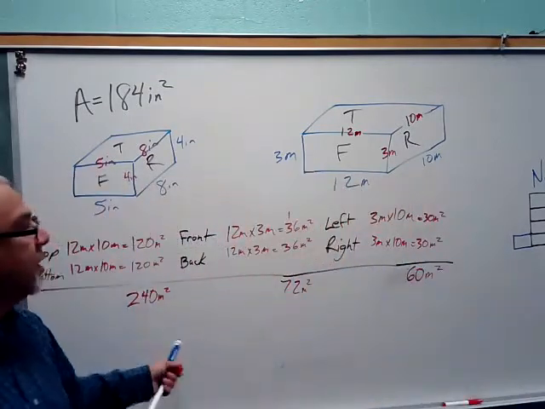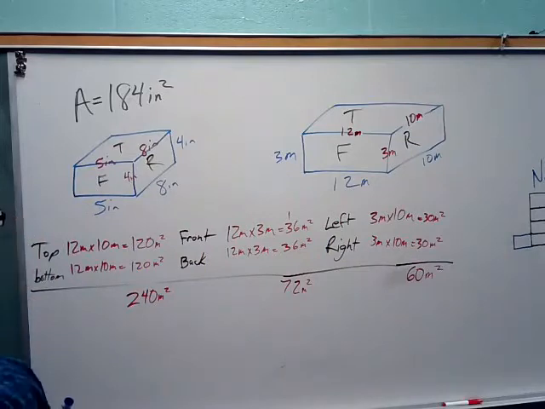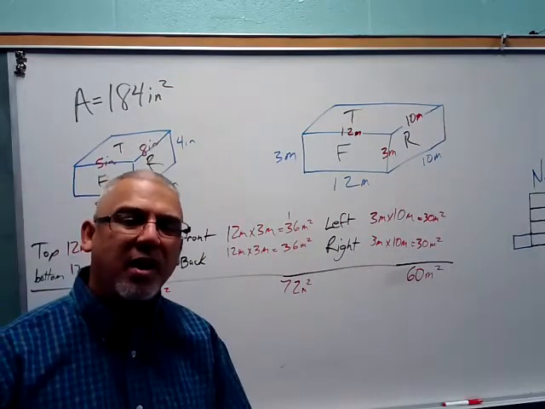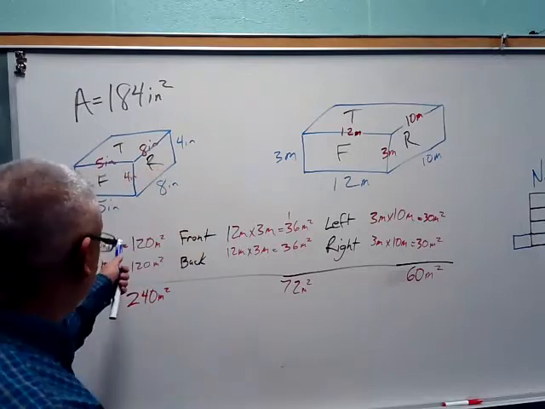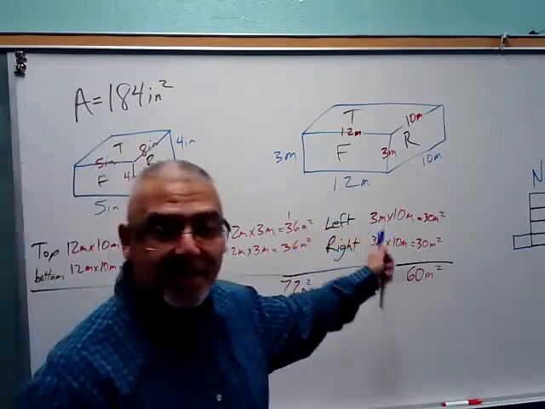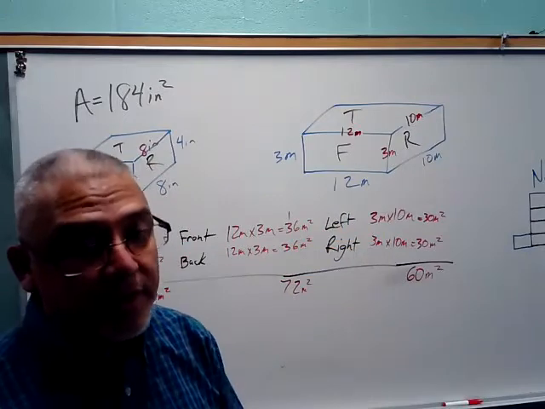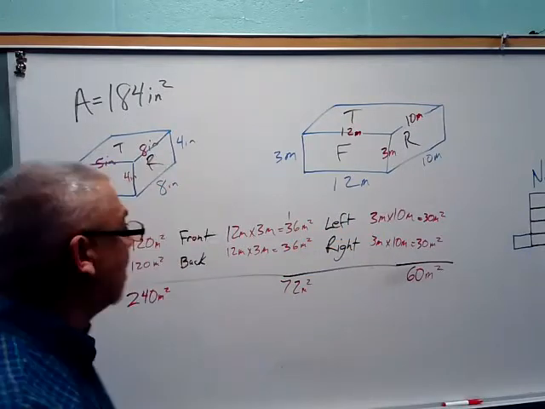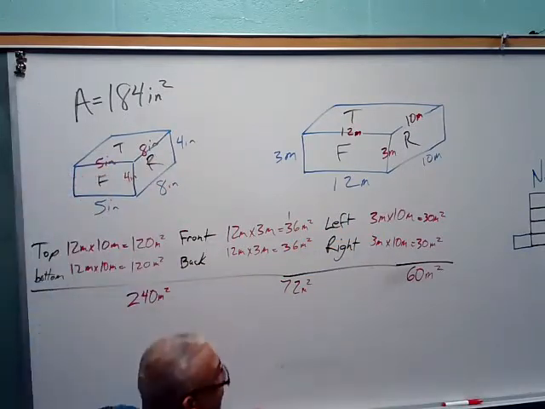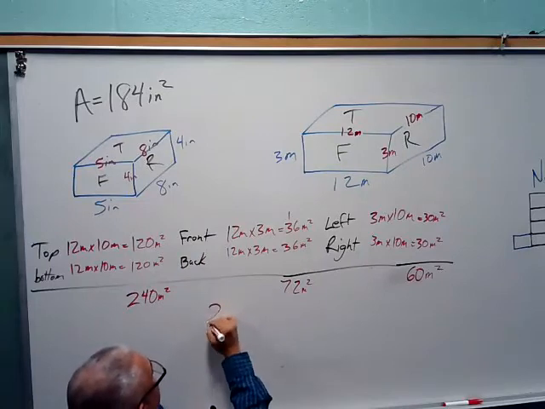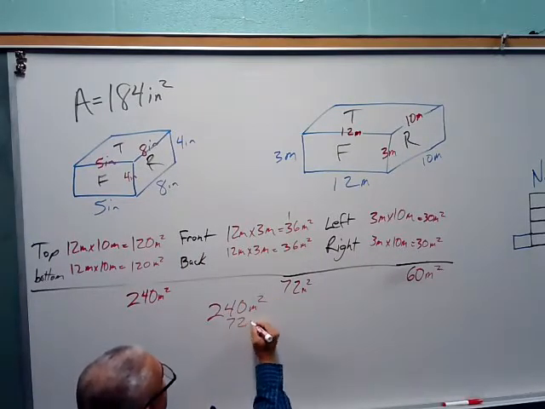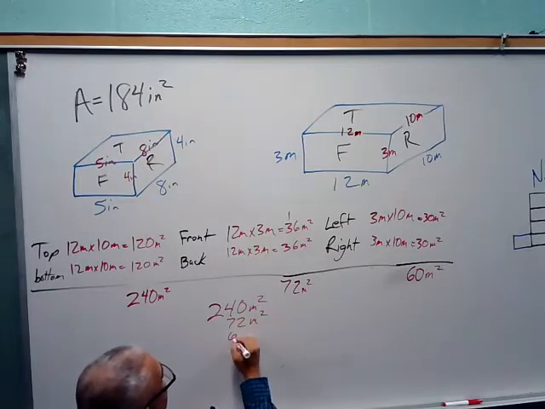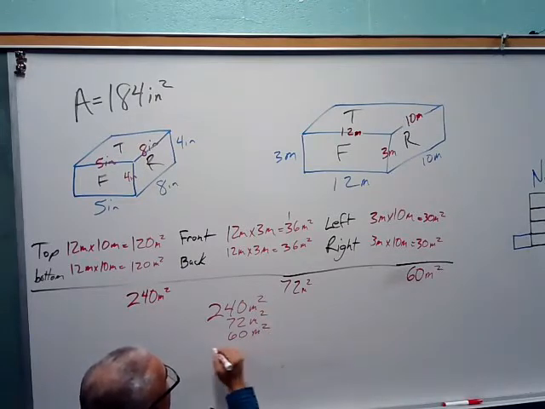Now I've got my 3 digits. Now you're like, wait, Mr. Nethercott, I thought you said we have to think about how many faces. Yeah, 2, 4, 6. So do we have all the digits that we need? Yes. All right, so we need to add it up. So 240 m to the itty bitty 2, 72 m to the itty bitty 2, 60 m to the itty bitty 2.